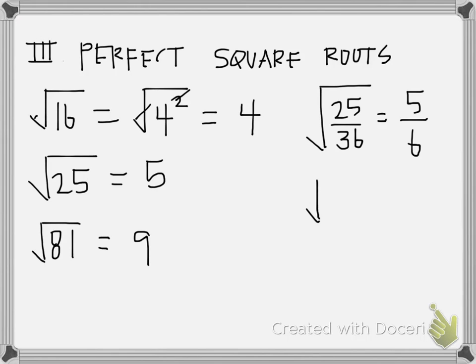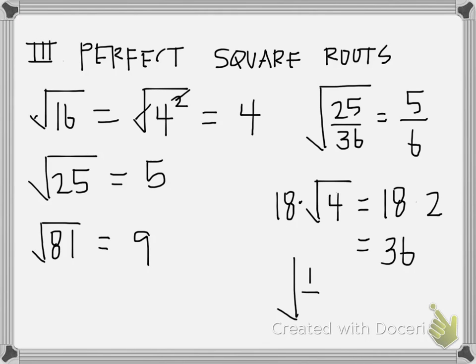Let's say 18 times the square root of 4. So the square root of 4 is a 2, so this is going to be 18 times 2, which is a 36. The square root of 1 over 16: square root of 1 is a 1, square root of 16 is a 4.